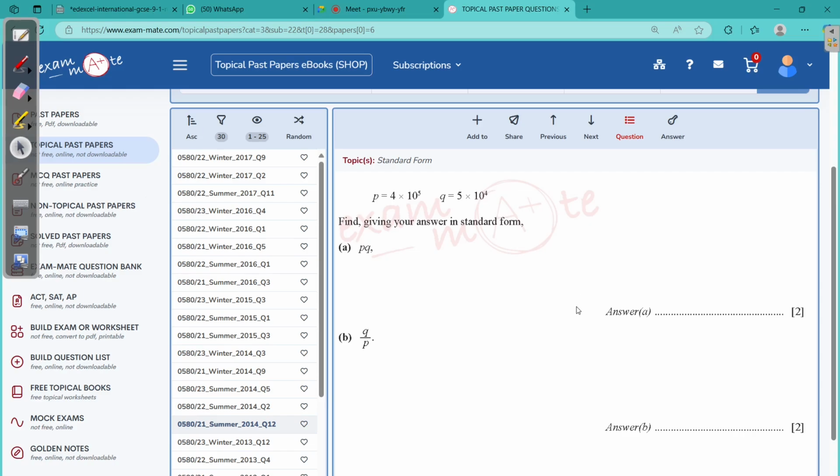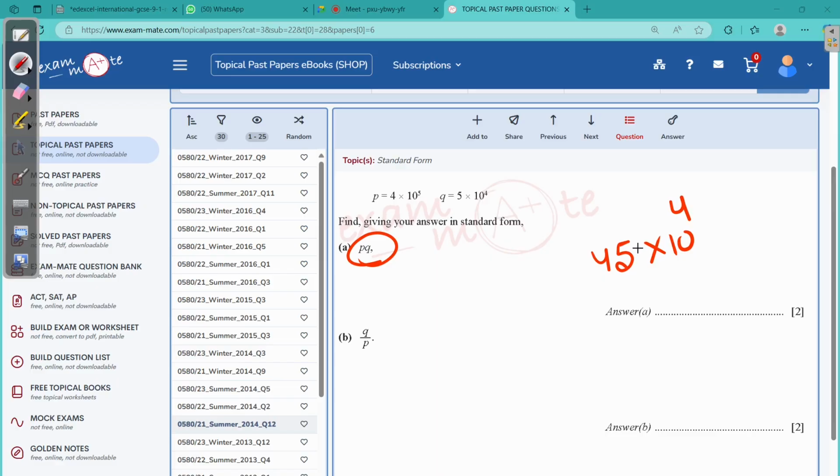45? What are you saying? 45. Yeah, I'm confident. Tell me, also 45 into 10 raised to power 4. What's the method? What have you done?